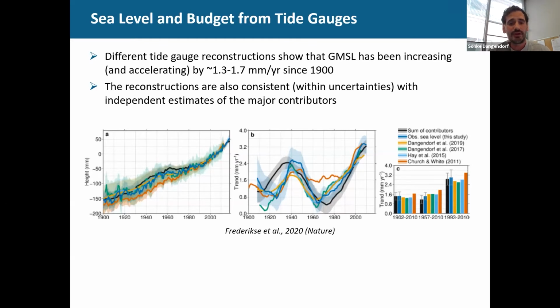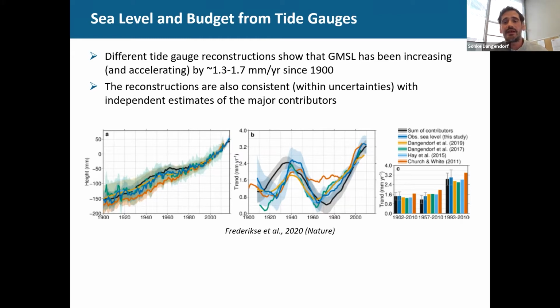In this plot shown here, that's actually a plot from a paper led by Thomas Frederiksen from JPL that we published last year in Nature, which looks at global mean sea level and its budget over the 20th century. And in this plot here shown are a few global mean sea level reconstructions: on the left side, the total sea level, in the middle, the rates, and on the right side, the linear rates for different periods from different groups shown by the different colors.